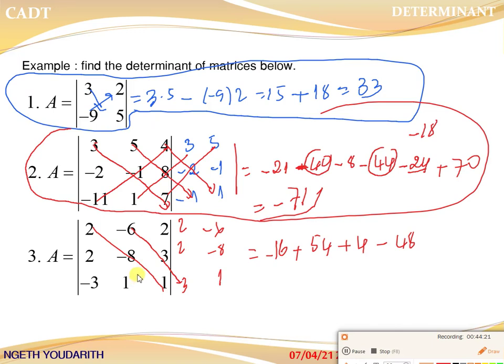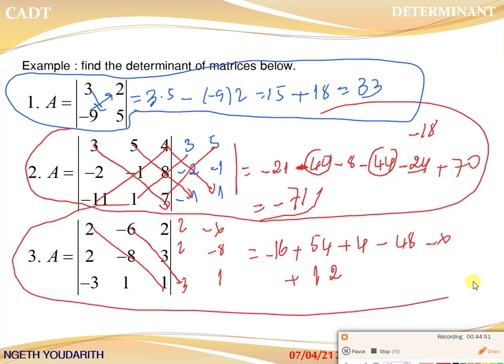This one is minus 6. And this one is plus 12. So we get the result. This is the result of our determinant.